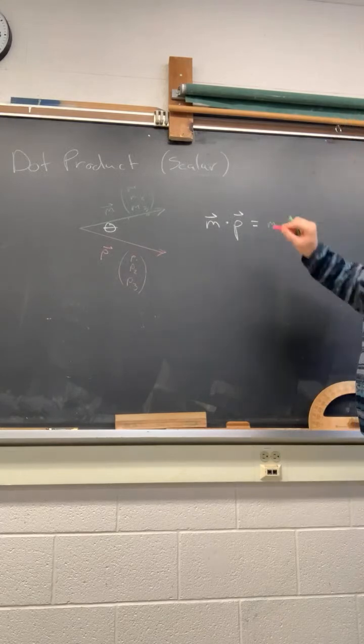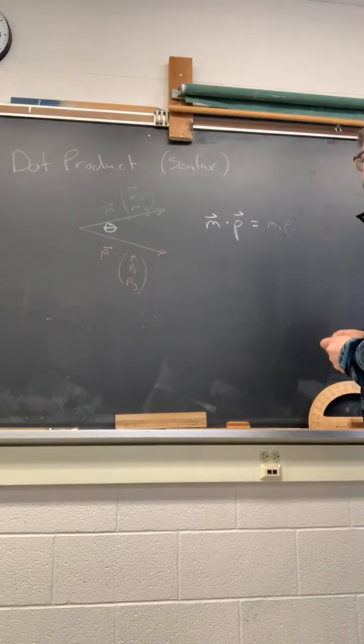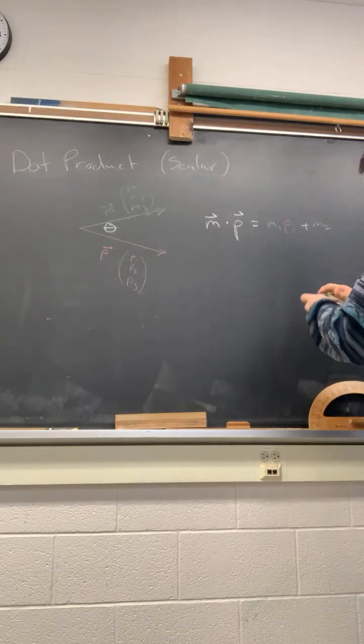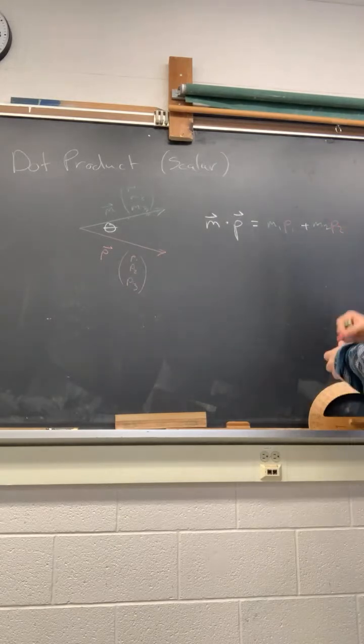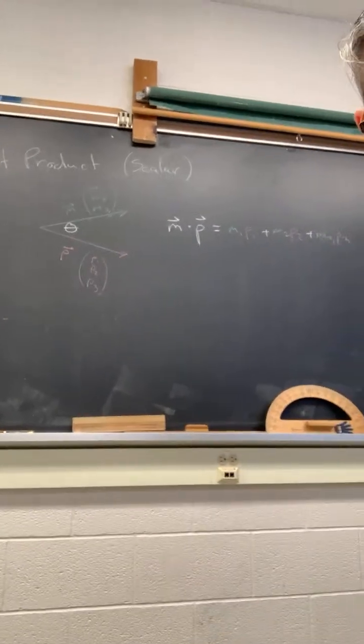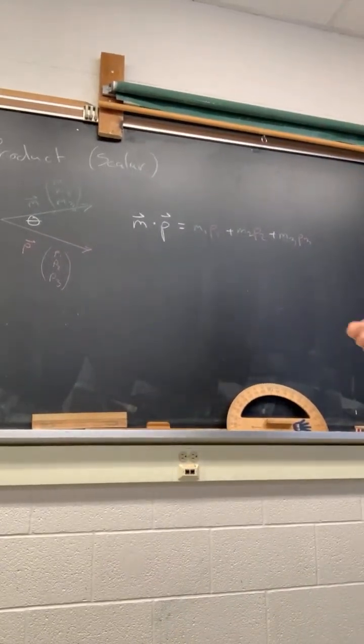Notice no vector hats, because we're actually just talking about the magnitudes of these. Plus M2 P2, plus M3 P3. Adding up all of those products of magnitudes is going to leave me with a scalar value.